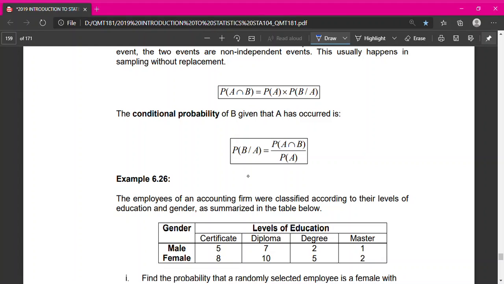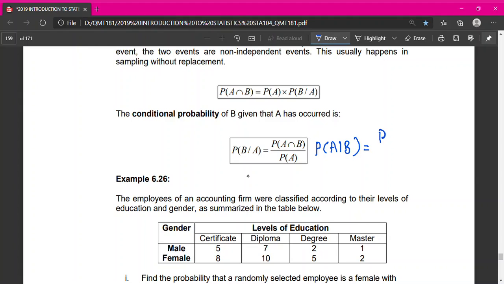Kalau kita nak cari probability of A given B, pula adalah probability of A intersect B yang sama atas ni, divide dengan, kalau tadi given A, so di bawah ni probability of A, tapi kalau given B, so kat bawah ni probability of B. Okay, itu beza dia. That is the conditional probability.